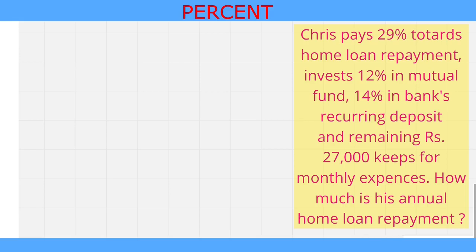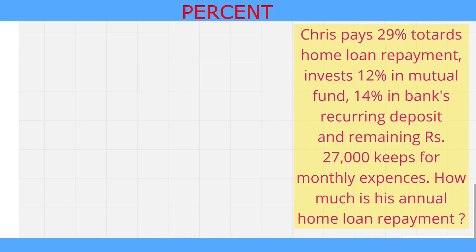If his salary is 100%, then we have to calculate 29% of it. Or if we find the equivalent of 27,000, which is his monthly expenses, then we will be able to calculate 29% from that percent.